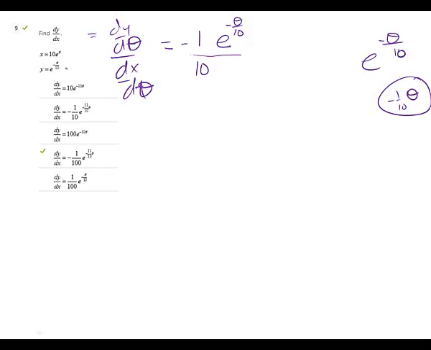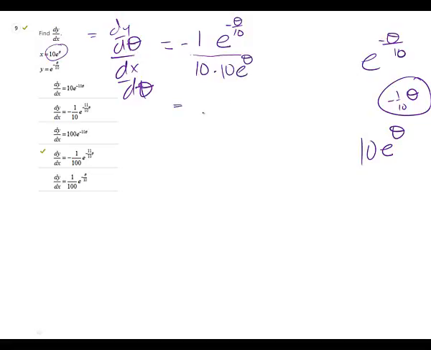Then I need to take the derivative of this one here, which is 10e to the theta. So we would get 10e to the theta.